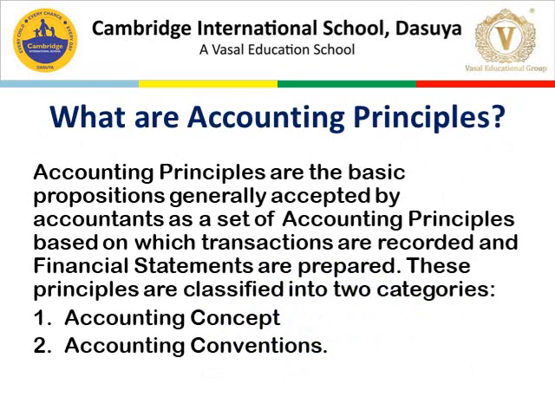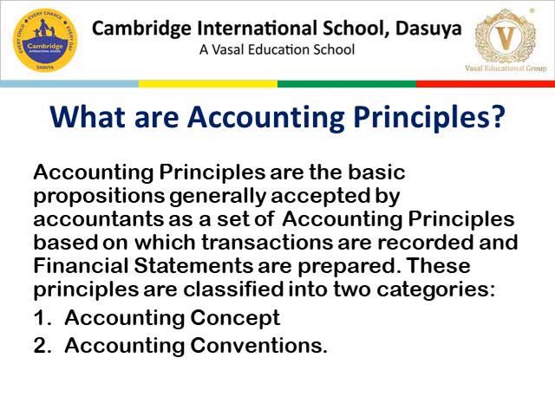Here, first we have to understand what are accounting principles, which are universally accepted and on the basis of which accounting is done. So, the first question arises, what are accounting principles? Accounting principles are the basic propositions generally accepted by accountants as a set of accounting principles based on which transactions are recorded and financial statements are prepared.